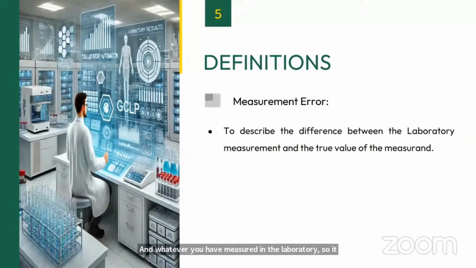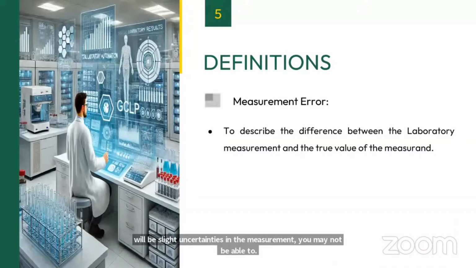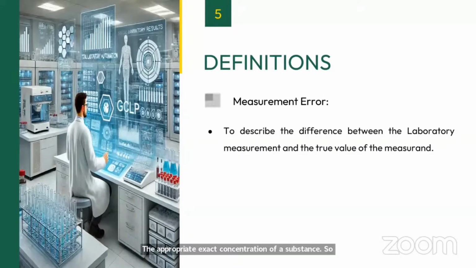There will be a slight difference, slight uncertainties in the measurement. You may not be able to get the exact concentration of a substance. So this difference between your actual value and the value measured by your laboratory is called measurement error.